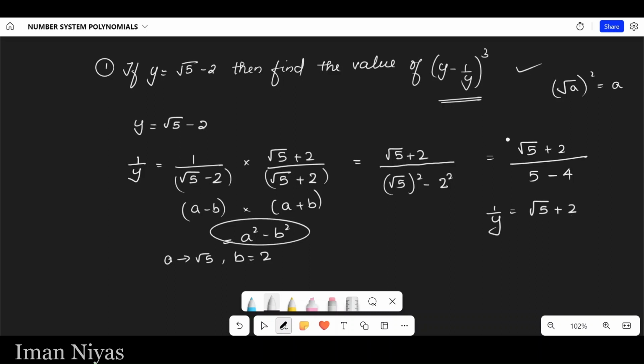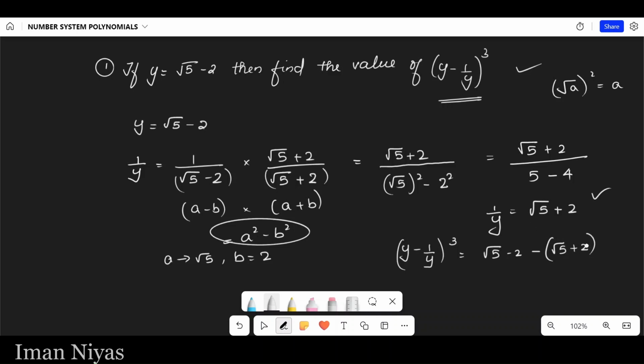Now what we have to find out is (y minus 1 by y) the whole raised to 3. So can we write it as y, as we already know, root 5 minus 2, minus 1 by y? What you got, 1 by y is root 5 plus 2. So we are writing it inside the bracket as 1 by y.